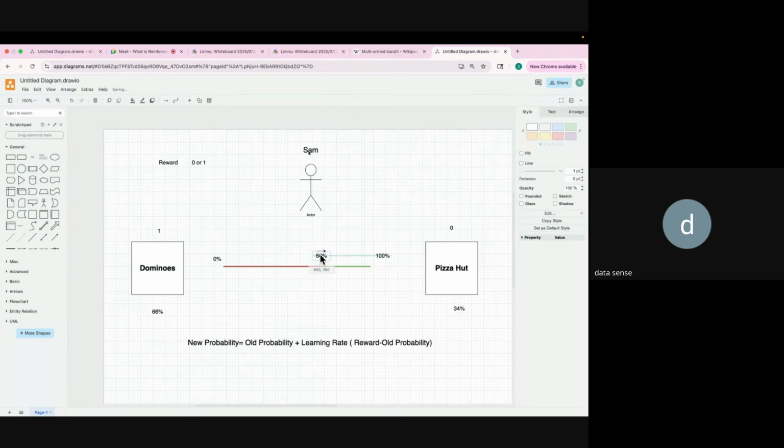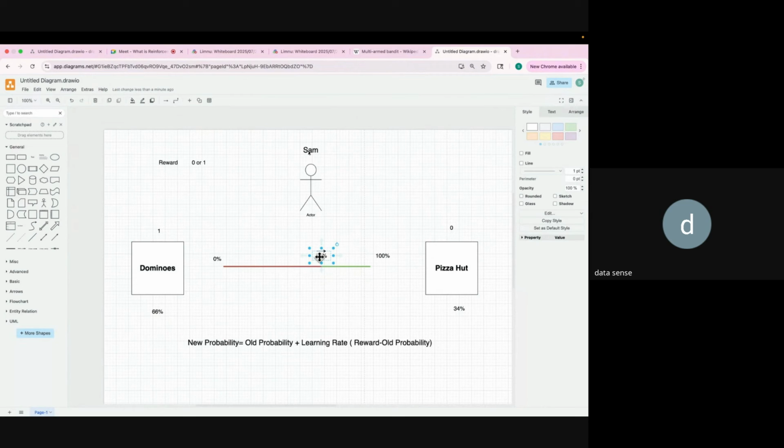Now let's say after a lot of experimentation and spending time, sometimes you will have a bad experience at Domino's as well. Then red will decrease, and sometimes green will increase. A combination of that will keep on happening, and after a certain time you will see this number become fixed.